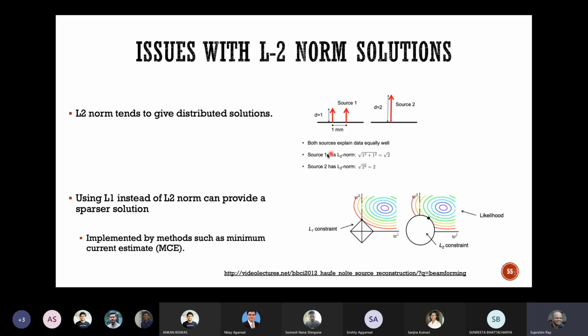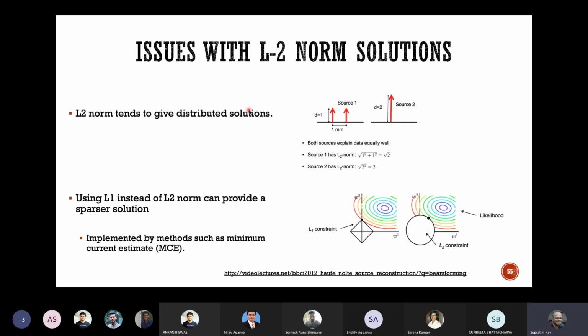So source 1, which is this one, has an L2 norm of root of 1 squared plus 1 squared, which is root of 2. What about the second one? It's root of 2 squared, right? Which is 2. So source 1 has a smaller L2 norm than source 2.